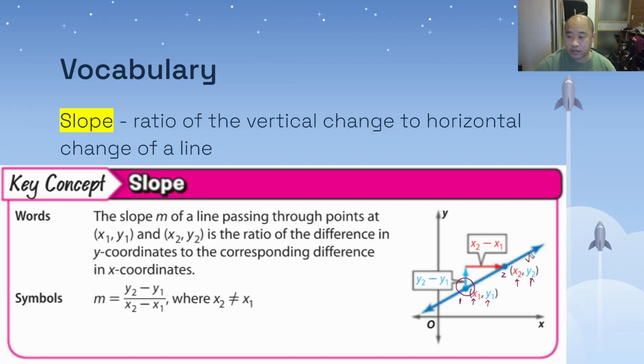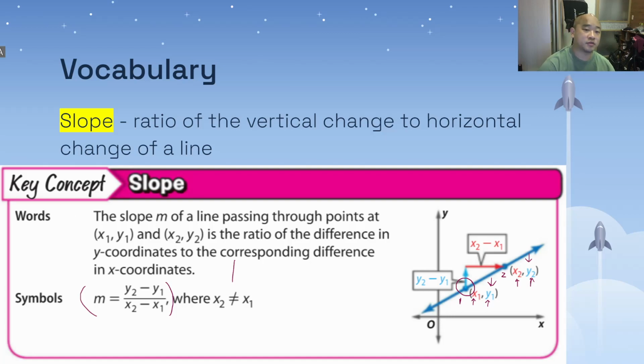So here's y2, and then you subtract y1. And then you take x2 and you subtract x1, where x2 and x1 cannot be the same, right? It cannot be a vertical line. This is a situation where the line is vertical because the x values would be the same, right? This is called the slope. This is the formula for slope of a line.